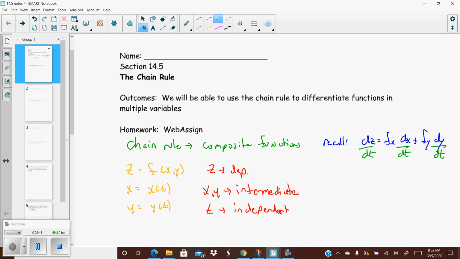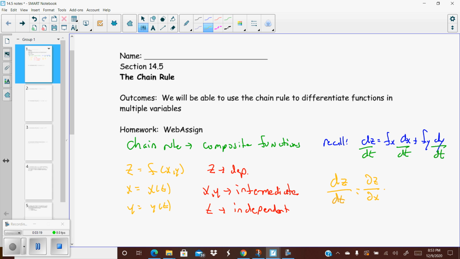So, if we wanted to find the derivative of z with respect to the independent variable t, it would be the partial of f with respect to x. F in this case, however, is z, so we would say it's the partial of z with respect to x, using partial derivative notation, times the dx over dt.